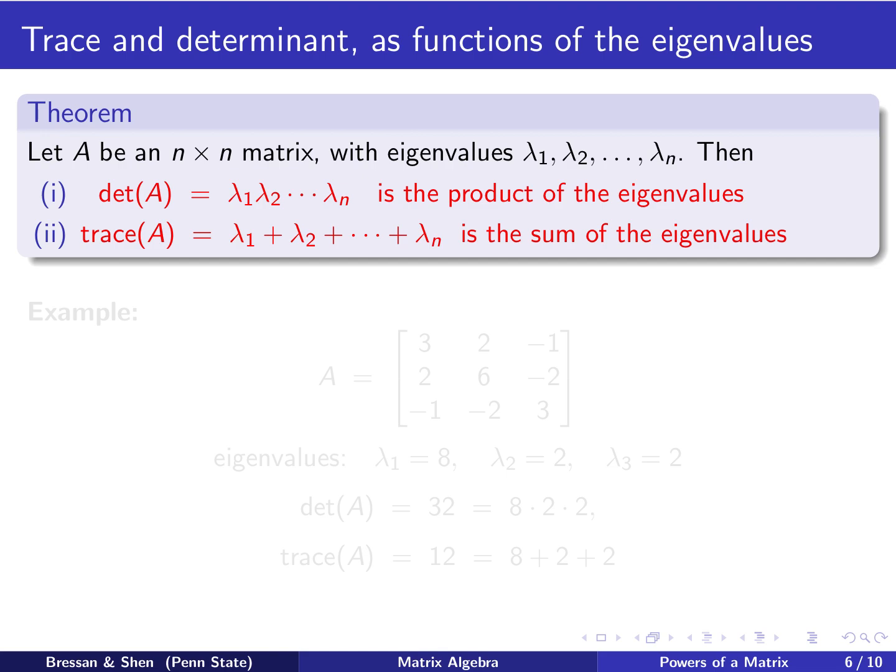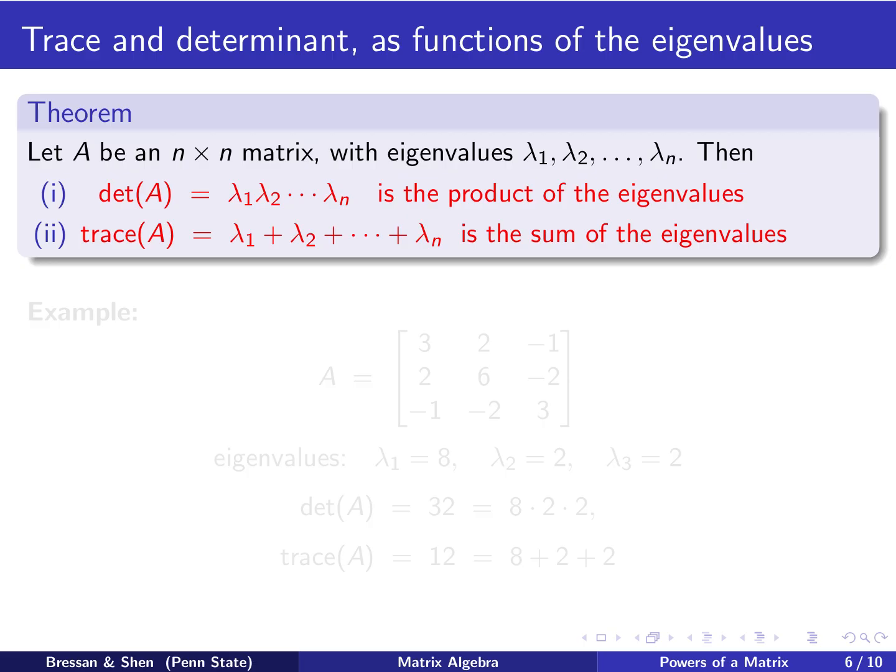As it turns out, the eigenvalues are related to the determinant and the trace of the matrix as stated in the following theorem. The theorem says, let A be an n by n matrix, and the eigenvalues of A will be lambda 1, lambda 2 to lambda n.